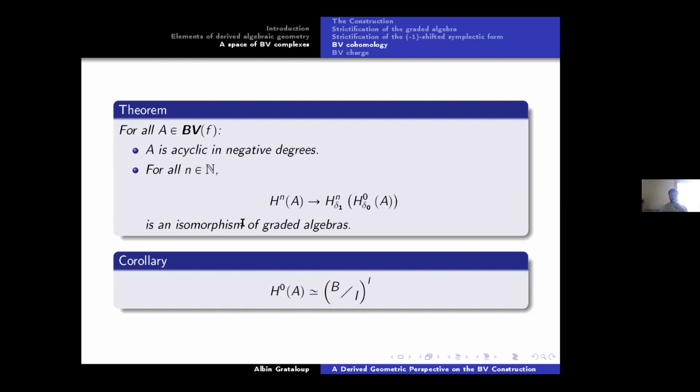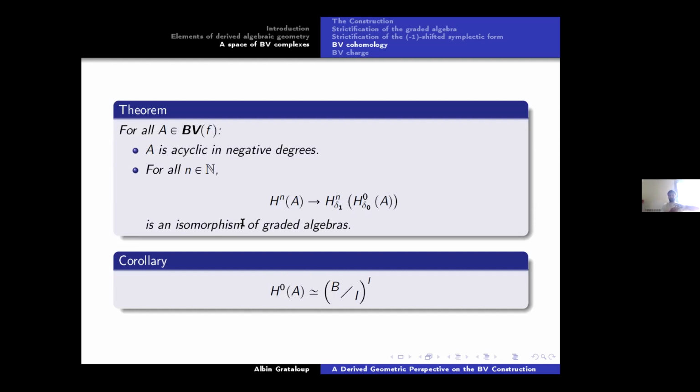Okay. And the last thing I want to mention: so far I have something Poisson, symplectic, I have a CDGA, but a priori I do not have a BV charge. So it's a bit like the opposite way of the way BV is usually constructed.